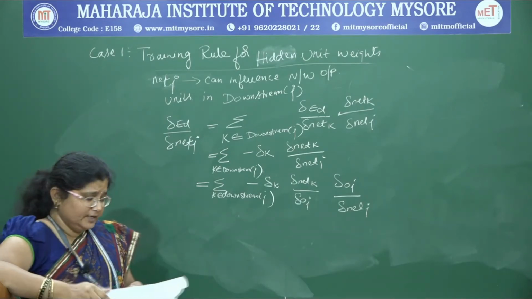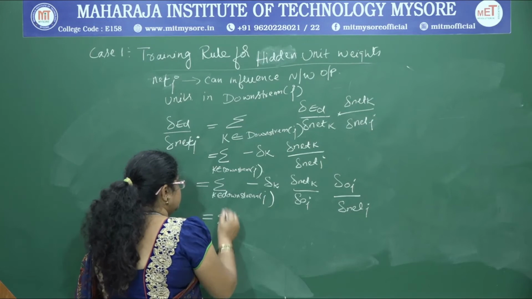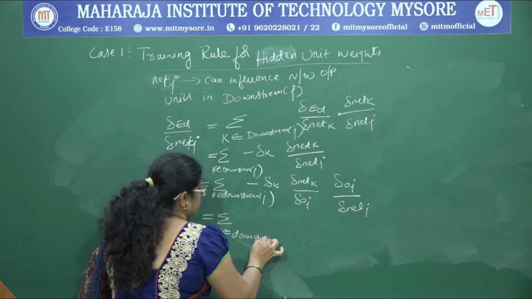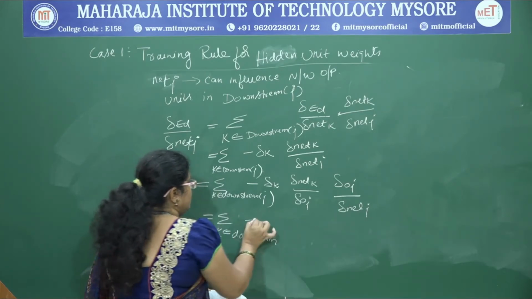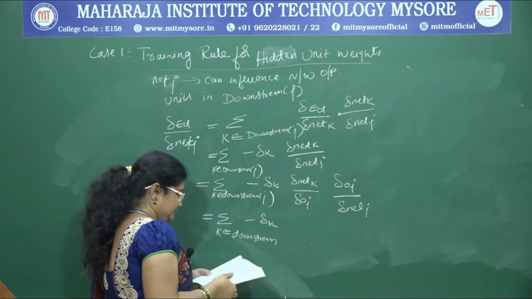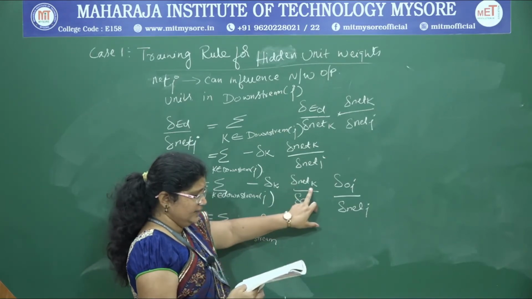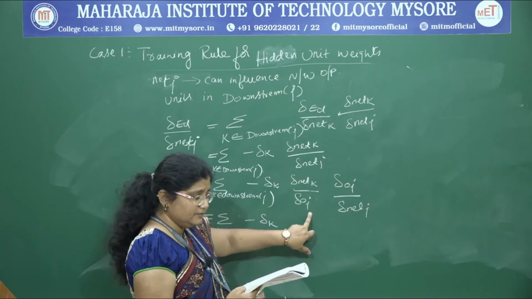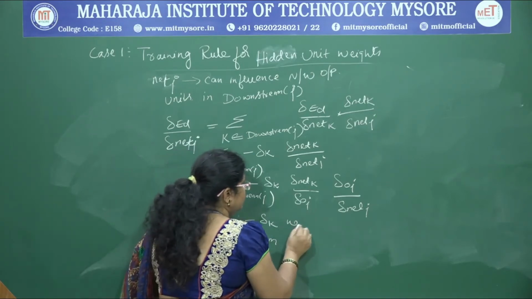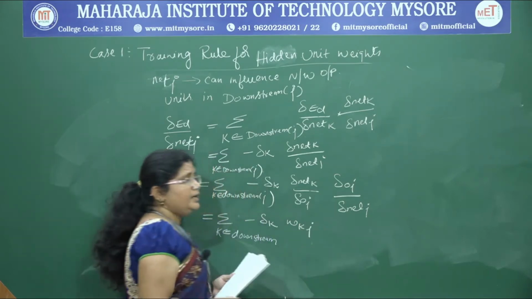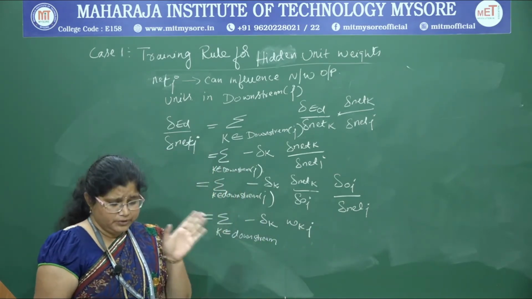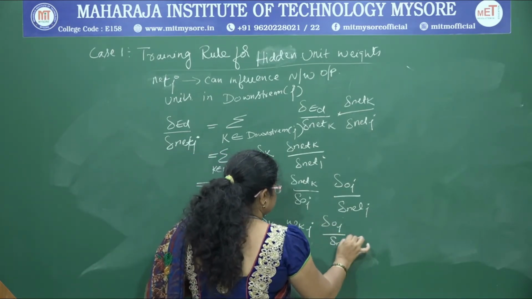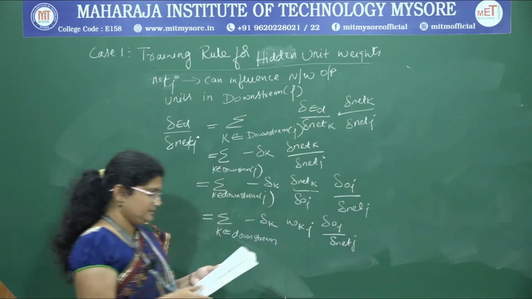So the weight we can write as summation of k belongs to the downstream, minus delta k. Here delta net k by delta oj can be written as the weight wkj, the weight from the jth unit to the kth unit, and delta oj by delta net j.